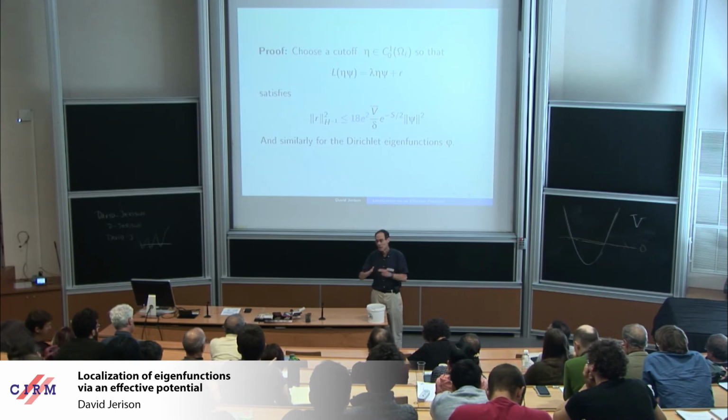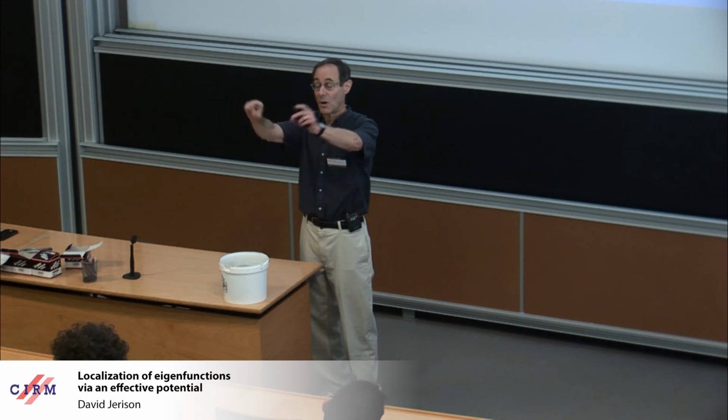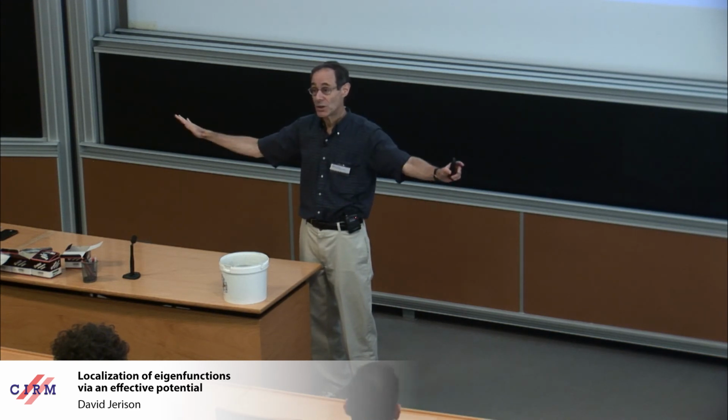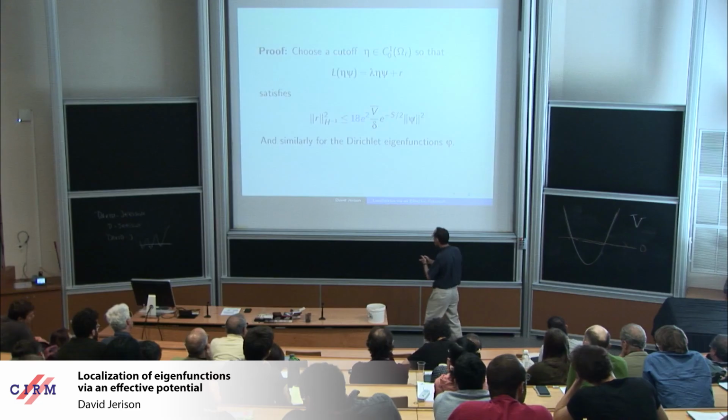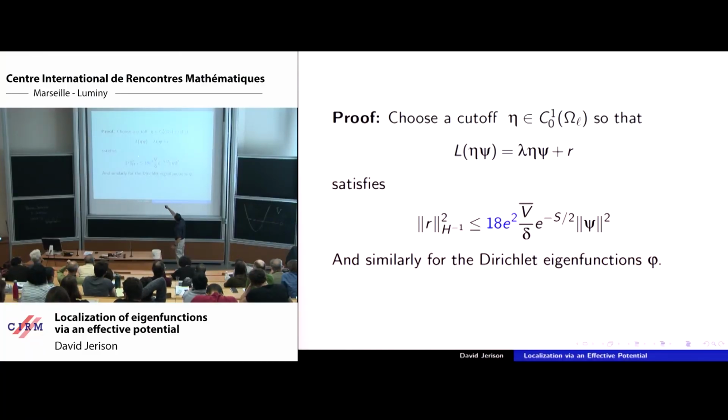So we have exponential decay of the H1 norm at a large distance, which means that when we operate by L, the error we're going to make is in the H minus 1 space. Right? We differentiate twice, and we get. So we've controlled this very, very well exponentially in the ordinary Sobolev space, and so this happens to be the dual space, which is very important.